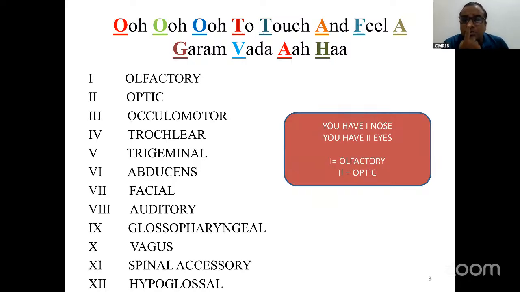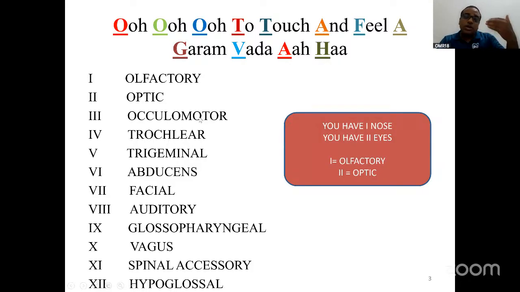So one nose, through which we smell, factory, bad smell. So olfactory becomes the first cranial nerve. We have two eyes, so the second cranial nerve is optic. So it's very easy now. Olfactory, smell, first cranial nerve. Optic, two eyes, vision, optic nerve. So automatically the third one becomes oculomotor.